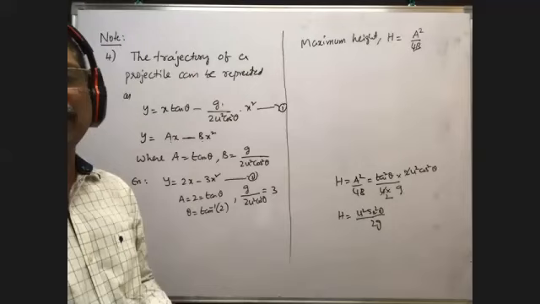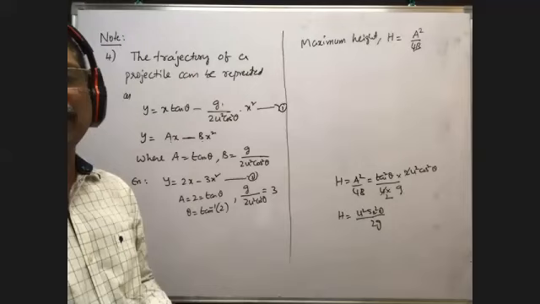Tan theta can be written as sin theta by cos theta. Cos theta square cancels, then we get sin theta cos theta into 2. 2 sin theta cos theta can be written as sin 2 theta. So you will get g by u square into sin 2 theta, into x. This is equal to x tan theta into 1 minus u square sin 2 theta by g, which is the range, no?